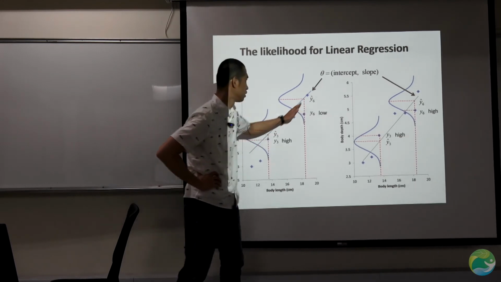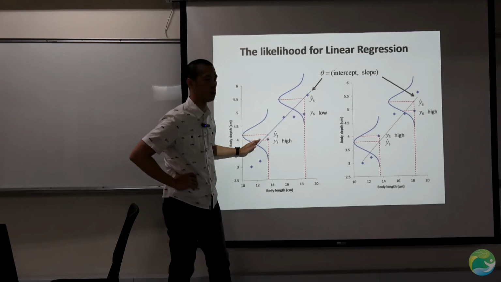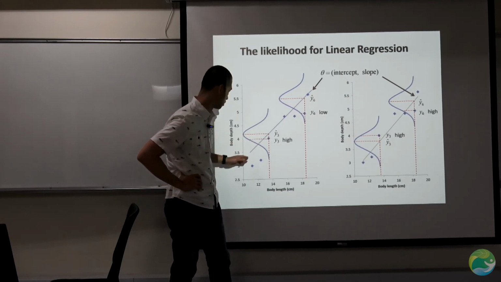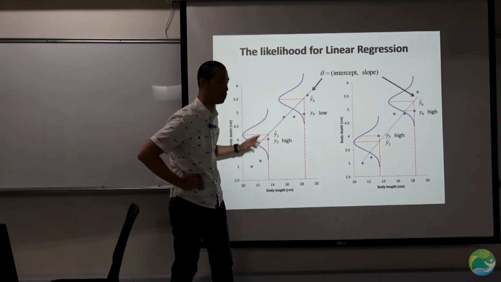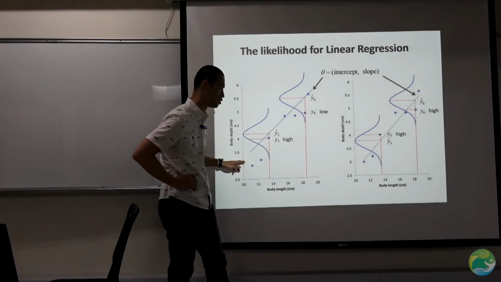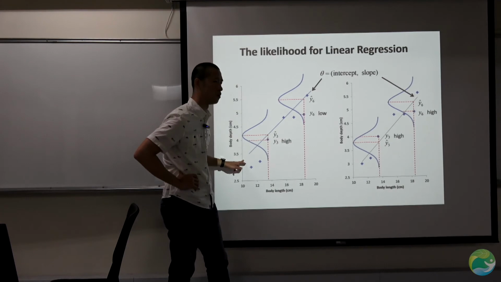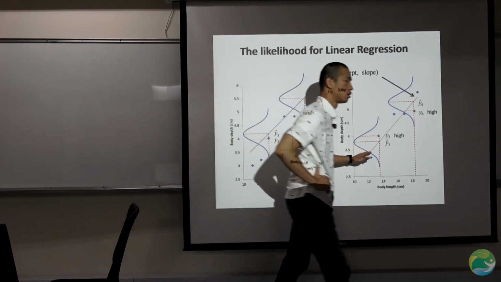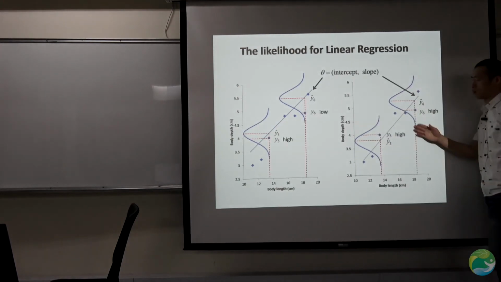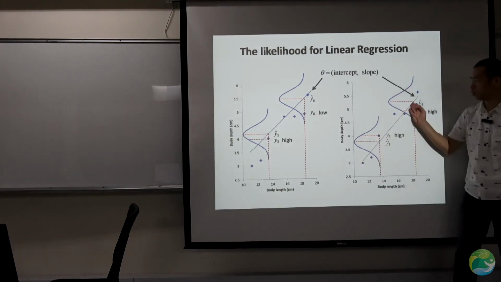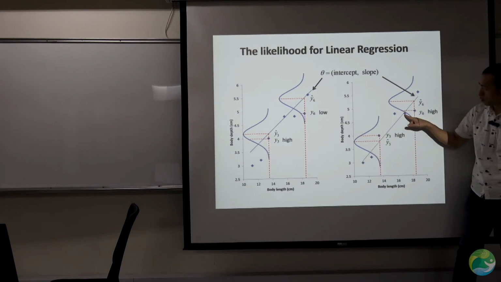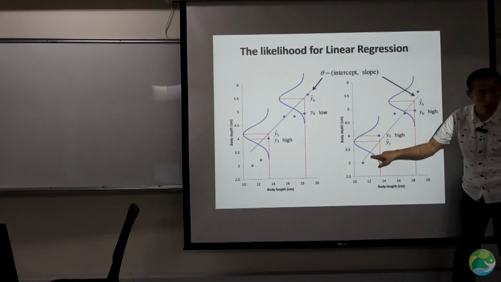This blue line is one alternative hypothesis for parameter A and parameter B. Parameter A means the intercept. Parameter B means the slope, right? This one is another hypothesis for this curve. The points here are our observations.